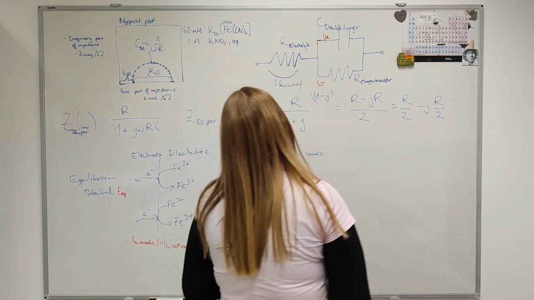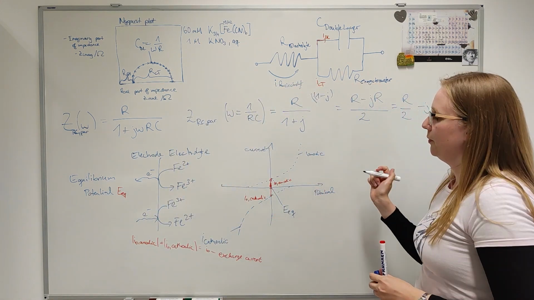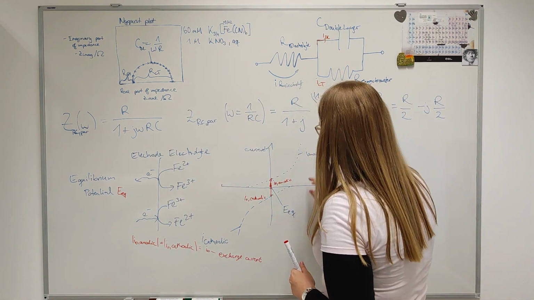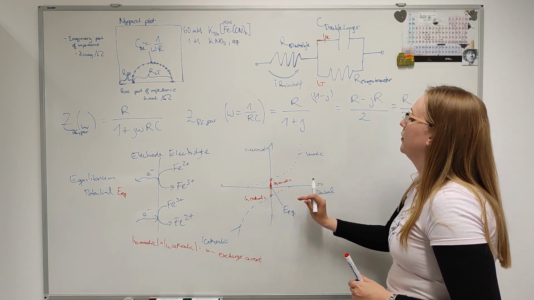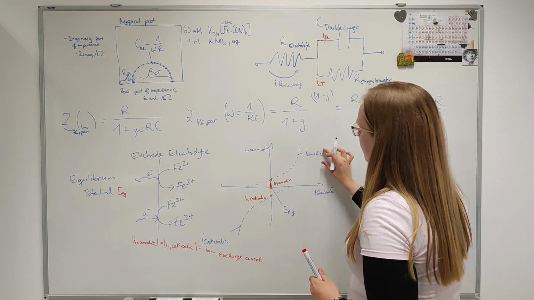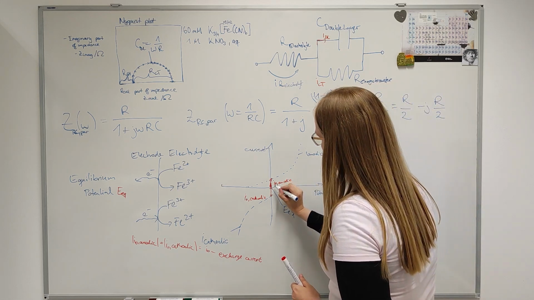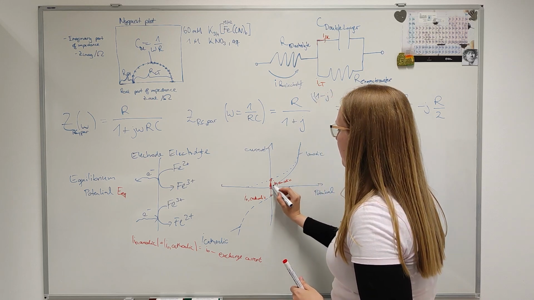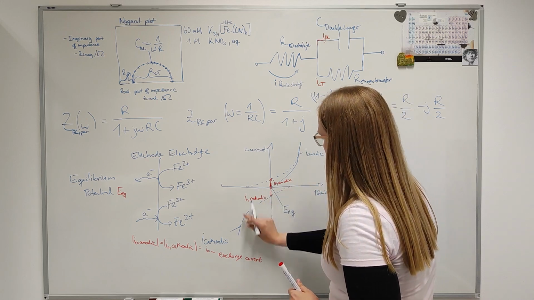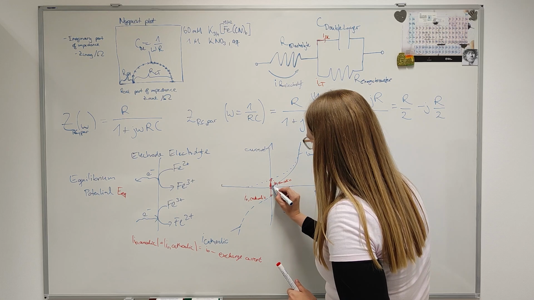So now let us look at the sum current to see what happens. I can see if I go very far away with the potential from my equilibrium potential, I approach to having only the anodic current. And similarly, I also see that for the net current when I go here to the cathodic branch.